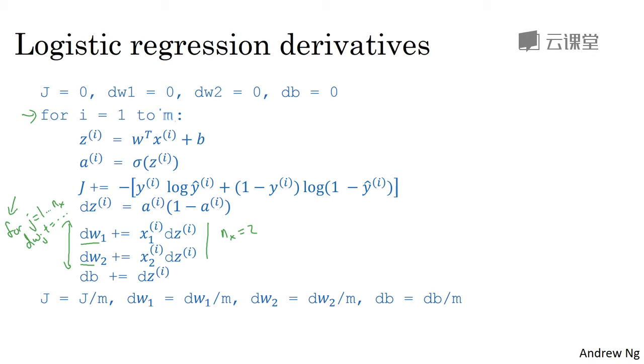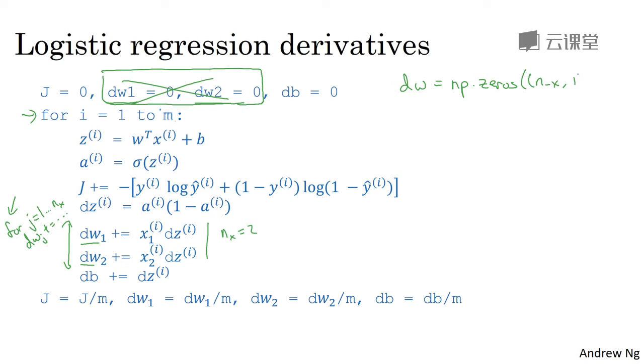The way we'll do so is that instead of explicitly initializing dw1, dw2, and so on to zeros, we're going to get rid of this and instead make dw a vector. So we're going to set dw equals np.zeros, and let's make this an nx by 1 dimensional vector.